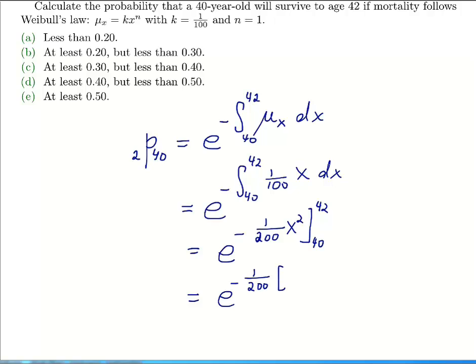So we're just going to get here 42 squared minus 40 squared, and you can work that out. You're going to get about 0.44. So the correct answer here would be D.